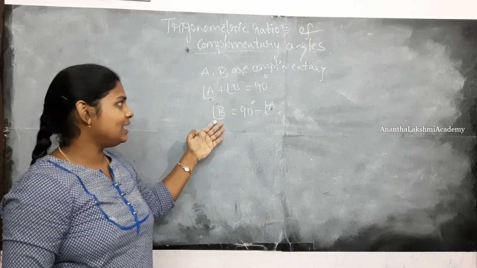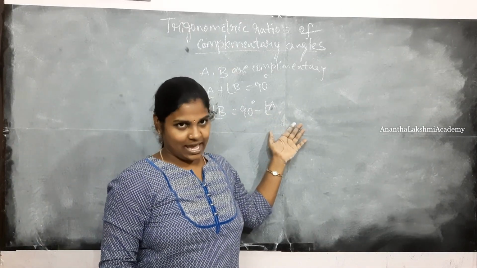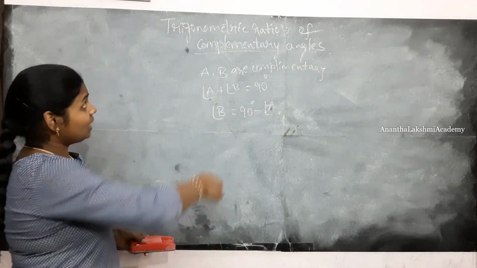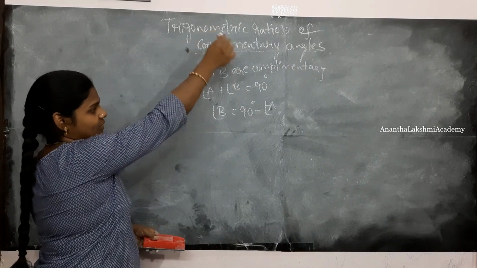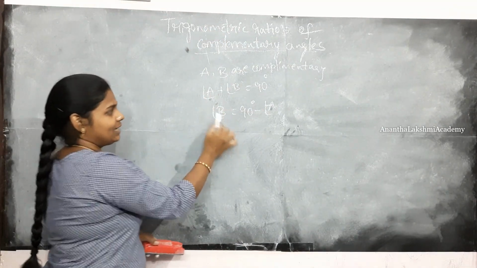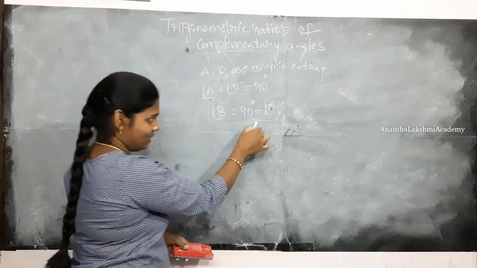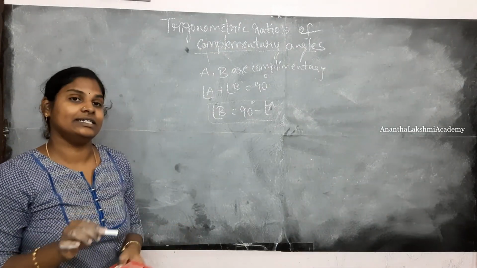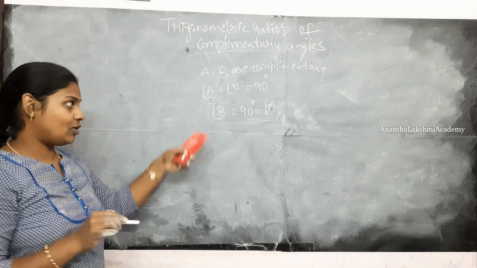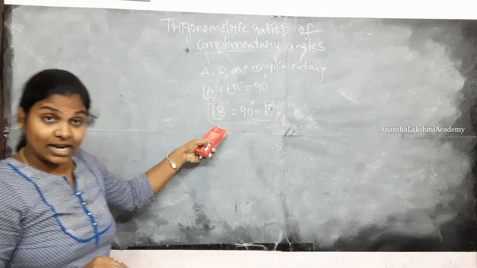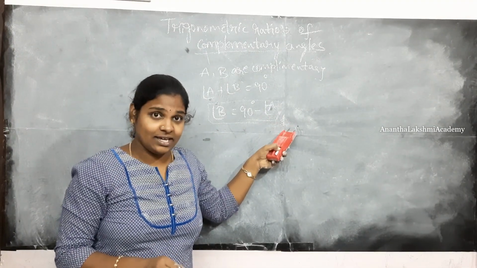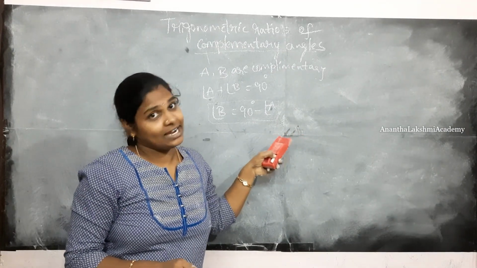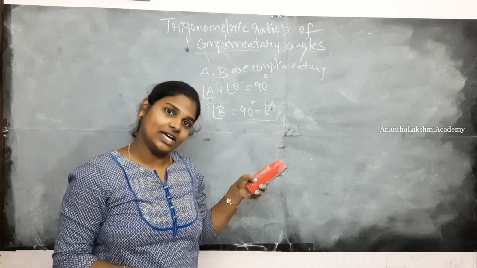So what is angle B? 90 minus angle A. So we are going to define the trigonometric ratios for this particular angle, the complementary angle. We know the values like sine A, cos A, tan A. Now we are going to figure out what is sine of 90 minus A, cos of 90 minus A, tan of 90 minus A. That is what we are going to figure out today.